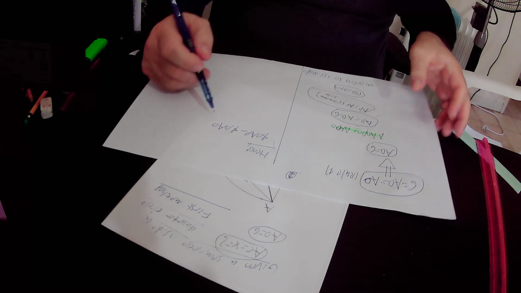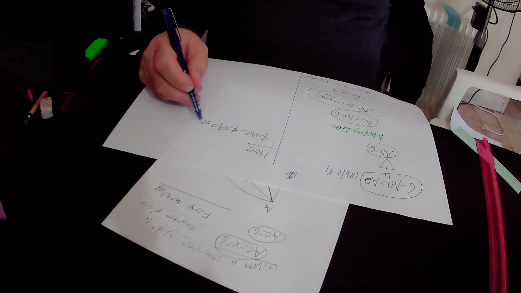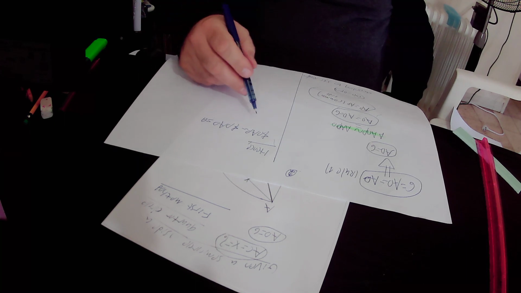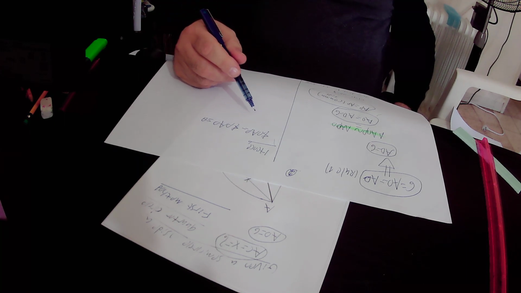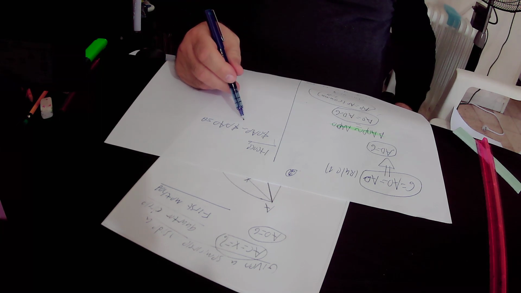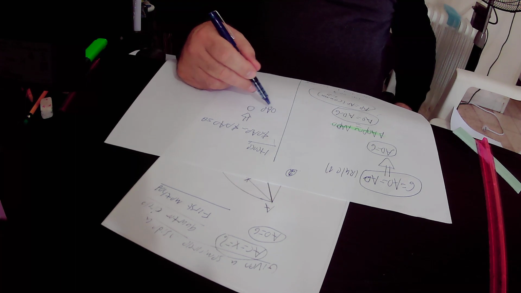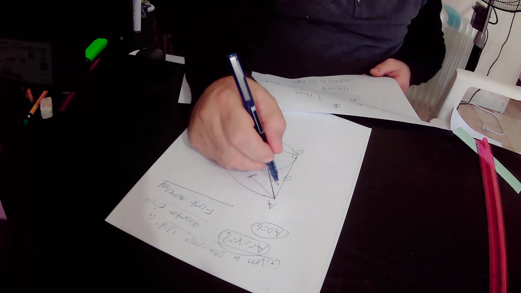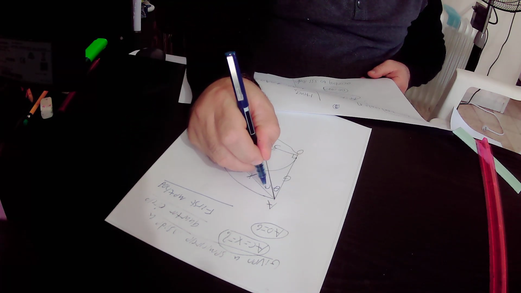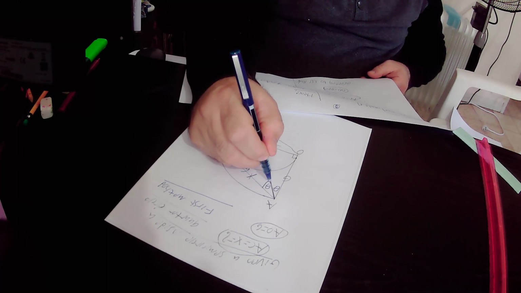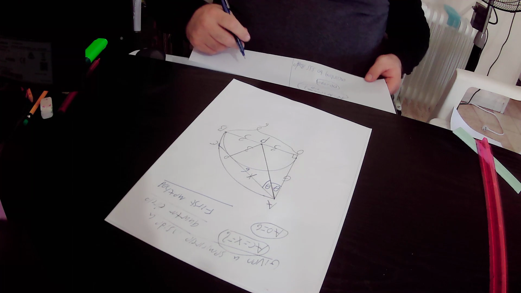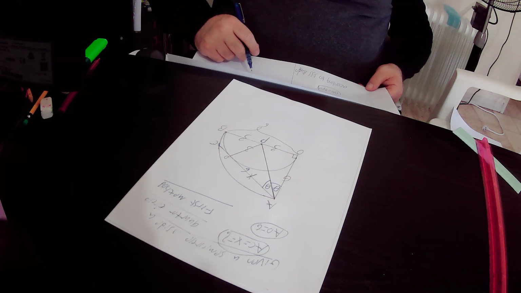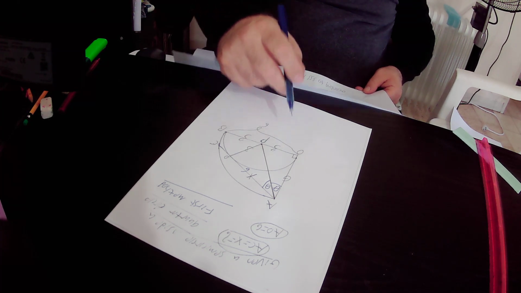So if we define angle PAD as theta, then from this equation, angle OAP equals angle PAD equals theta, we will derive that angle OAP is also equal to theta. Those two angles are both equal to theta. In the next step, we will focus on the right triangle, triangle AOP.